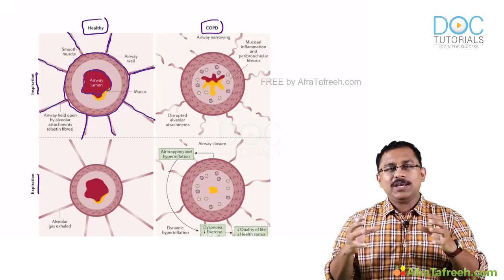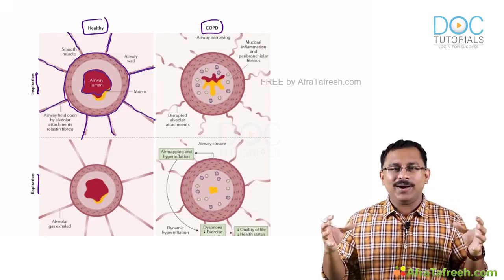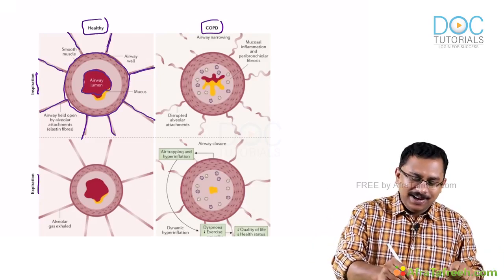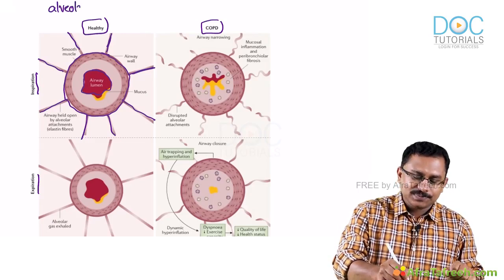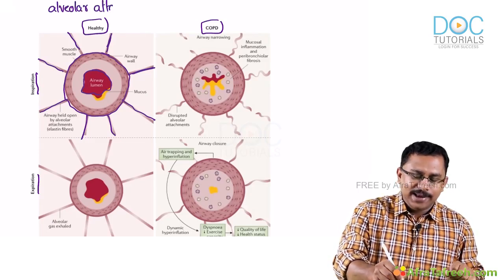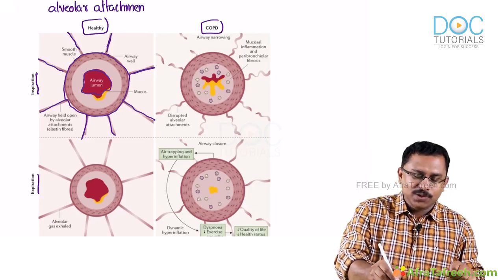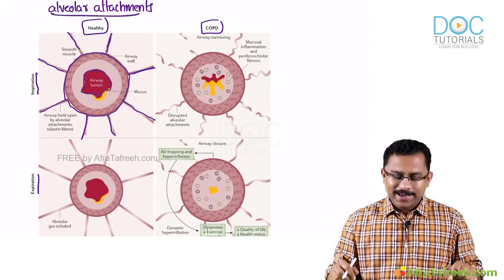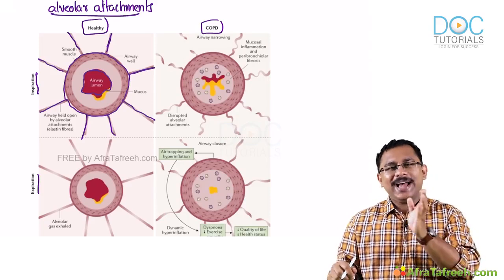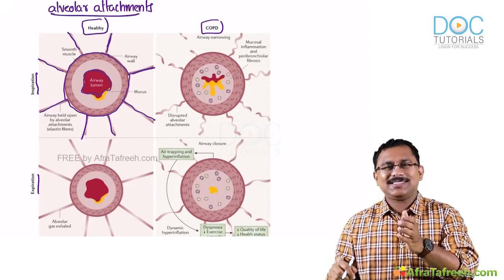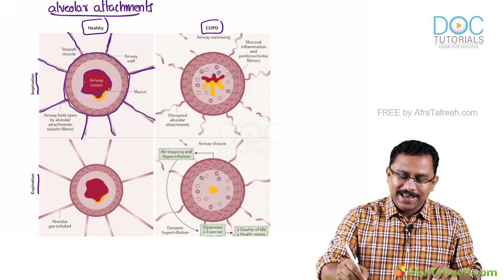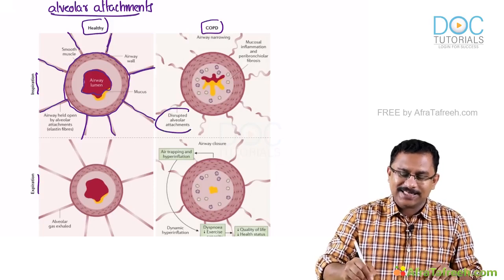Normally, to keep the airway open, you have to have traction by these alveolar attachments. The alveolar attachments are very important to keep the airway open. But in COPD, the alveolar attachments are disrupted.